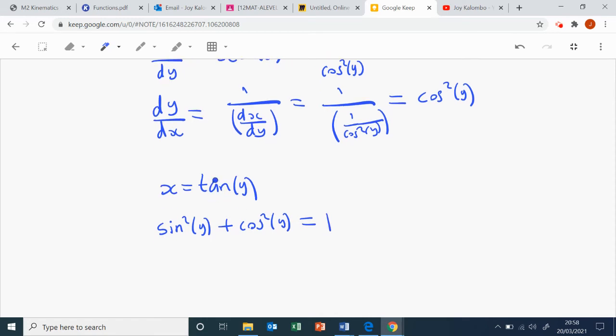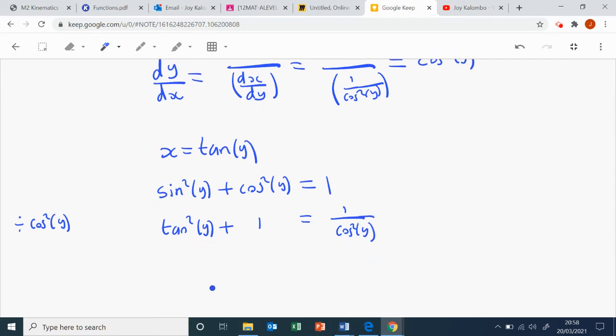How can we get a tan y in here, or a tan squared y maybe? If we divide everything through by cos squared, well, this becomes tan squared, because sine divided by cos is tan. So tan squared of y plus, well, cos squared divided by cos squared is 1, and that's equal to 1 over cos squared of y.